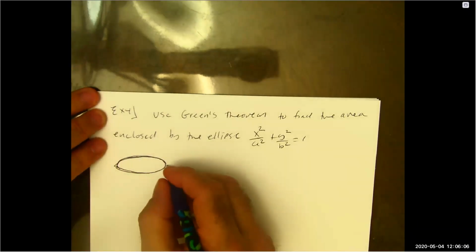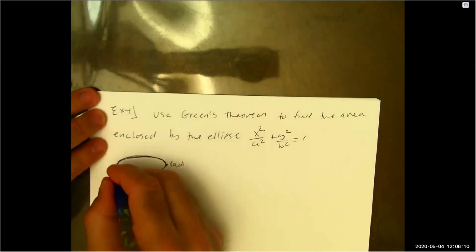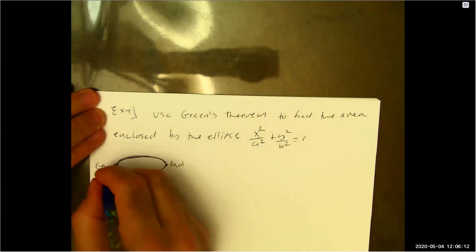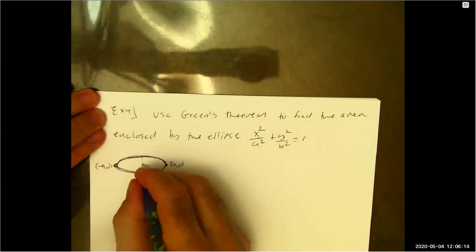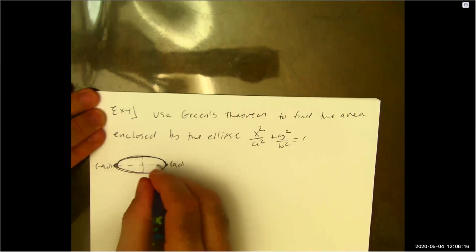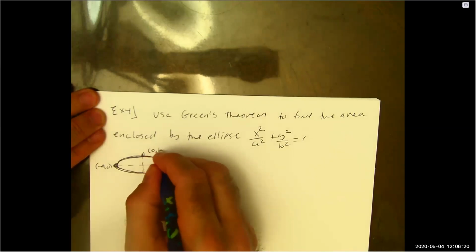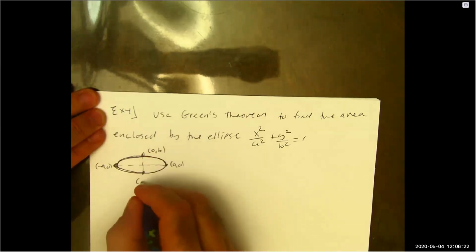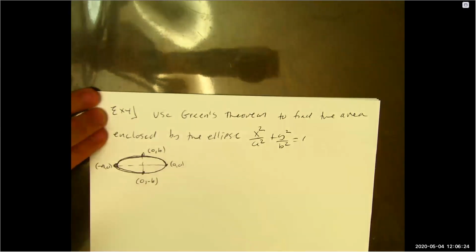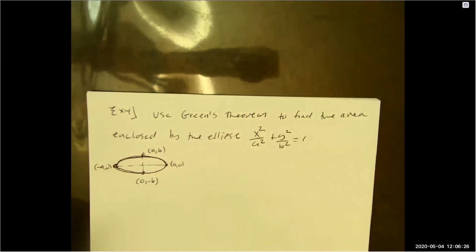And then maybe here you've got the point (a, 0), and down here you have (-a, 0). Up here you've got (0, b), and down here you have (0, -b), like that. And we want to find the area of that.